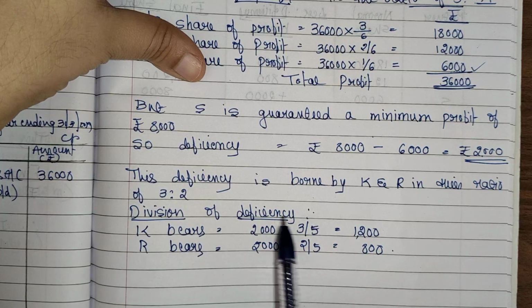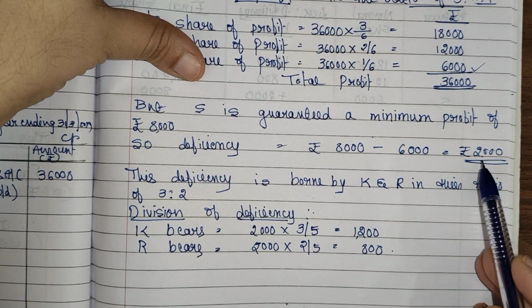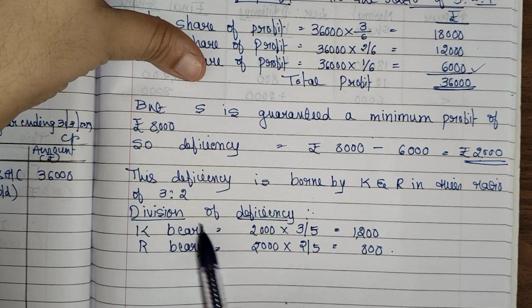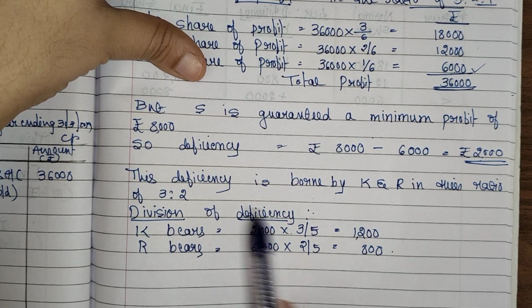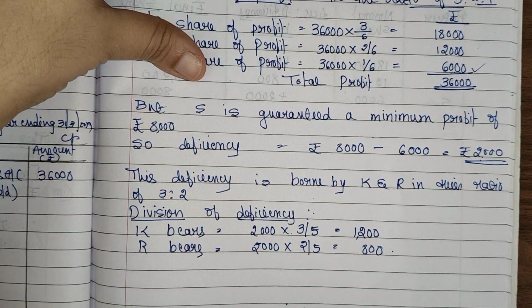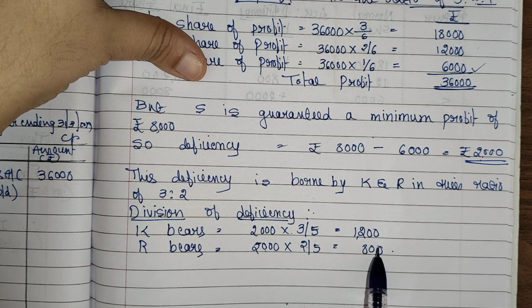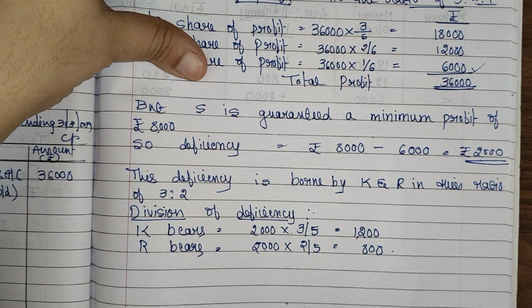Now the division of deficiency. The deficiency amount is rupees 2,000. So K bears 2,000 into 3 divided by 5, that is 1,200. And R bears 2,000, the shortfall amount, into 2 by 5, that is rupees 800.